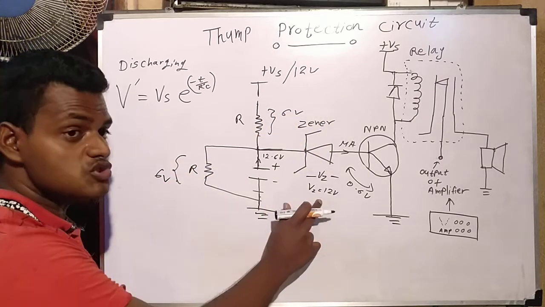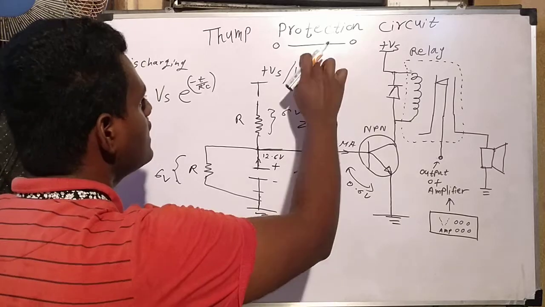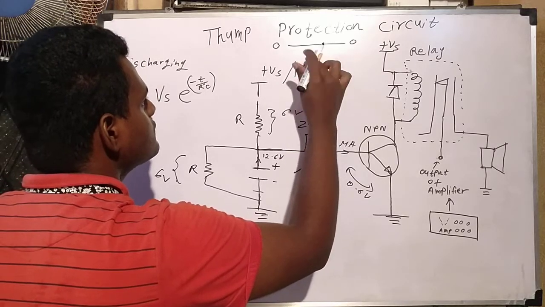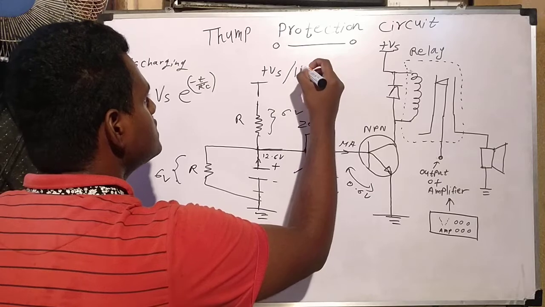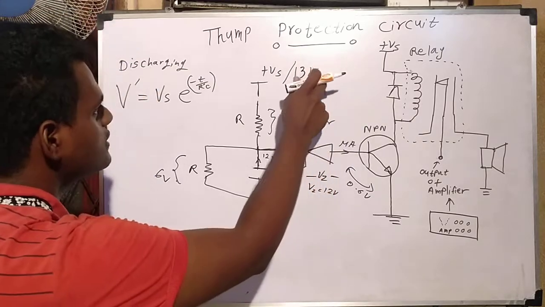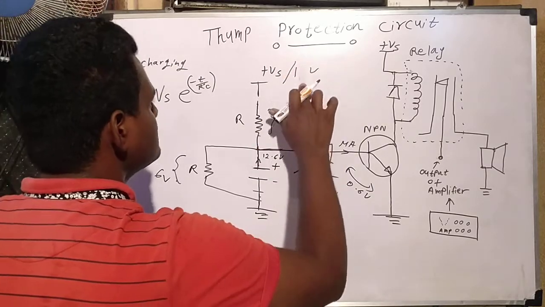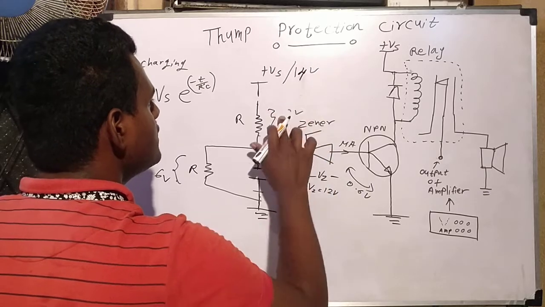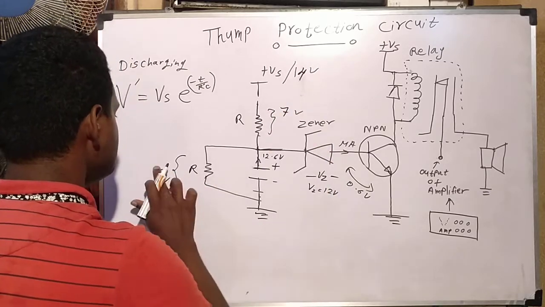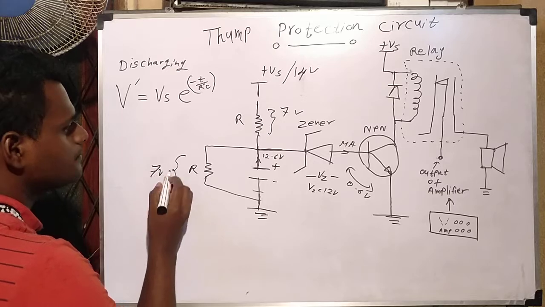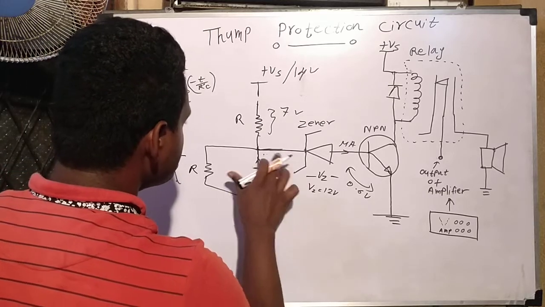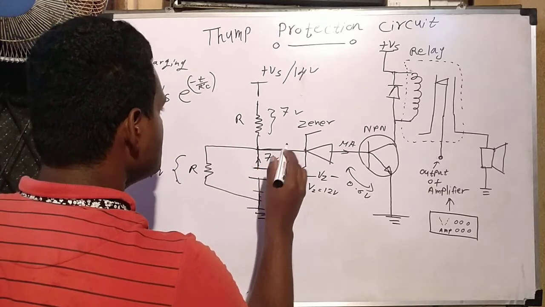In here I am using 12 volts in a diode. So I can use 12, I can use some, I take 13 volts. No problem. If I take that, no, I get 14 volts. It's easy to apply. In here 7 volts, and in here 7 volts voltage drop. Then in here also there are 7 volt drops.